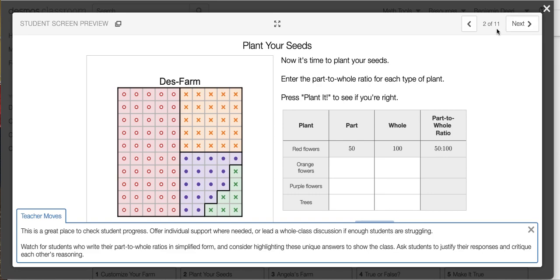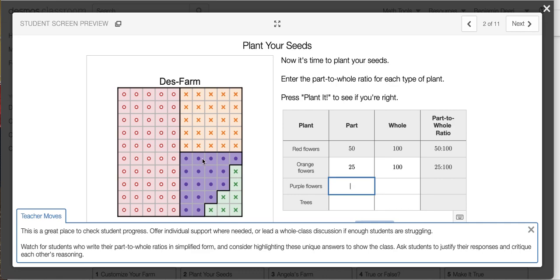And your goal is to create a fraction or the part to the whole for what each section is. So the orange flowers, 1, 2, 3, 4, 5 across, and it's 1, 2, 3, 4, 5 rows. So the parts is we have 25 orange flowers, and the whole is the 100 boxes we have for the entire thing.